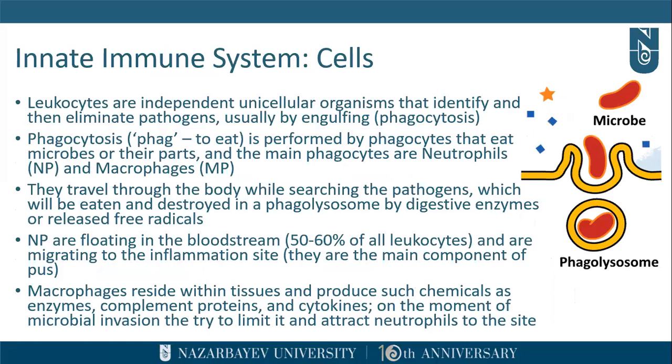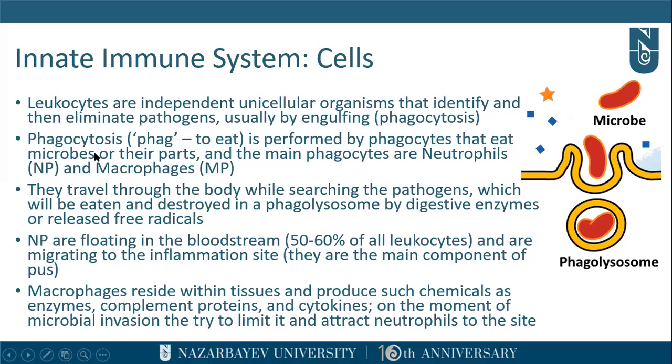Okay, so let's talk about the innate immune system. First, when you think about the innate immune system, it's all about the cells. There are many cells in the form of phagocytic cells. Phagocytic, from the Greek word phagos, means eating, and cyto means cell.